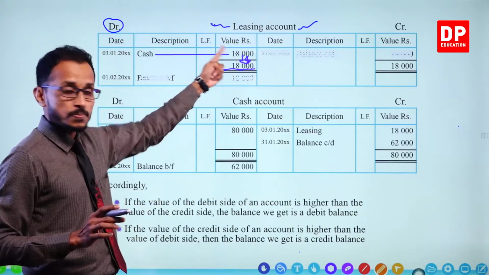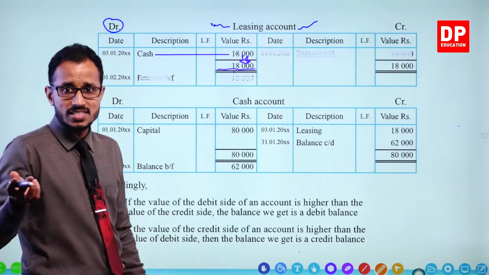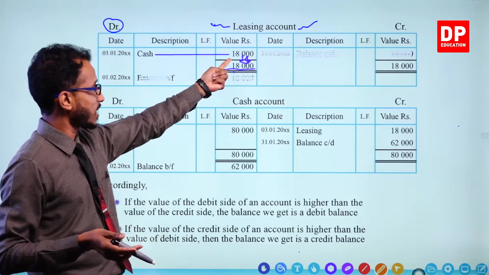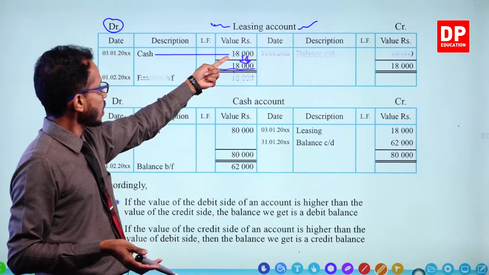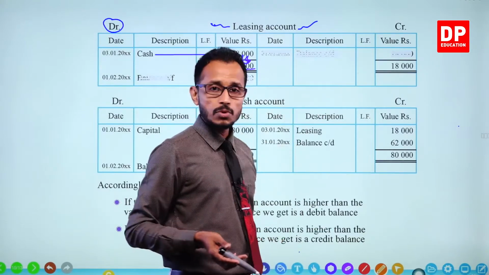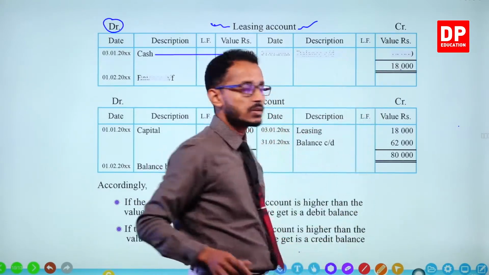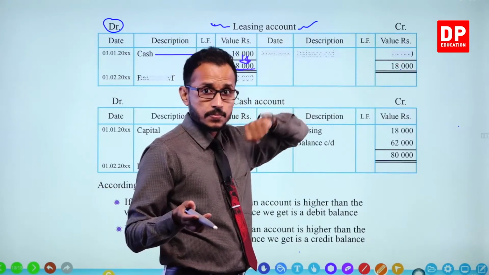It is 18,000. 18,000 is written in the sum box because that is the sum on the debit side. There is nothing to add. 18,000 has been taken to the sum box, and on the credit side the sum box also has 18,000 written because there's nothing on the credit side.